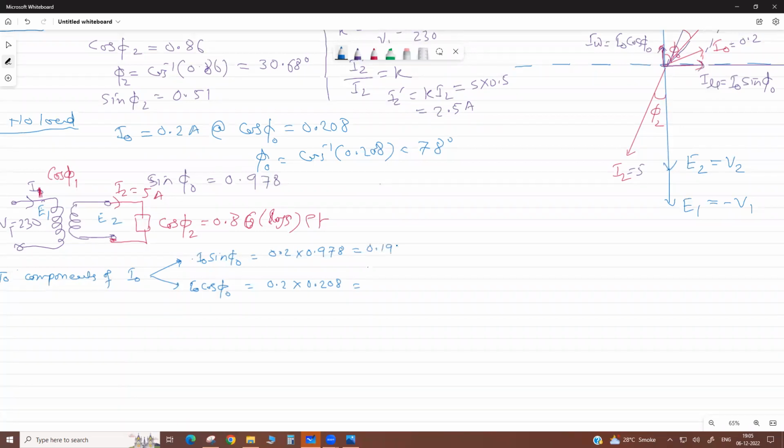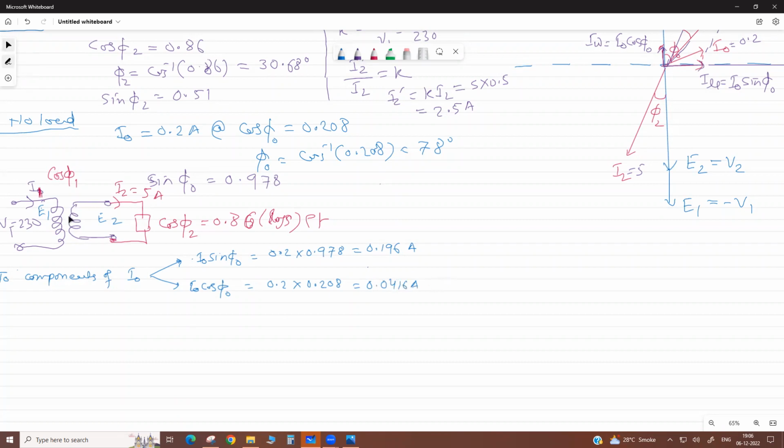This comes to 0.196 and 0.0416 ampere. Okay, like this.